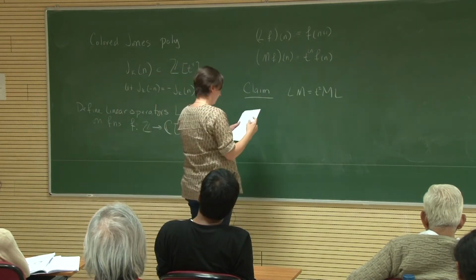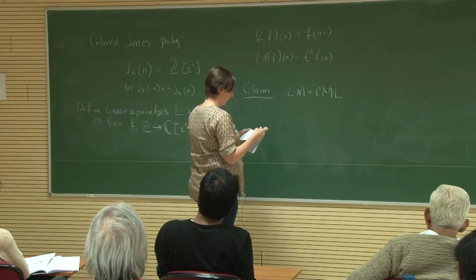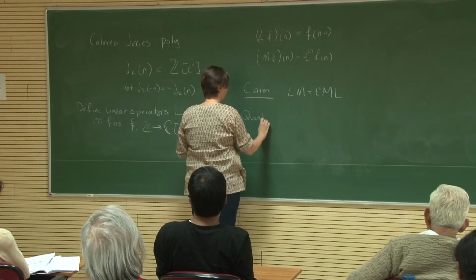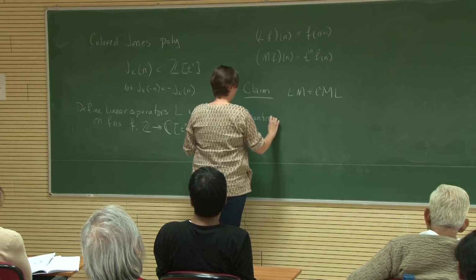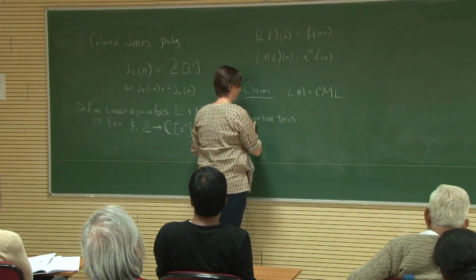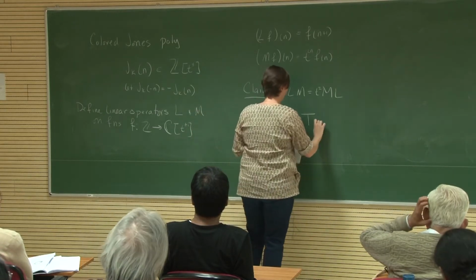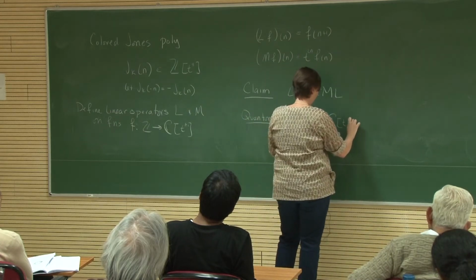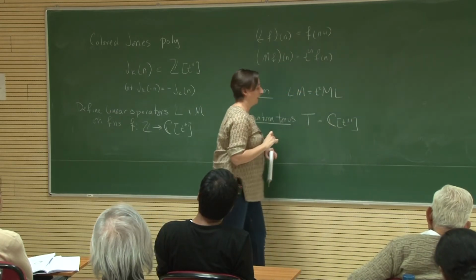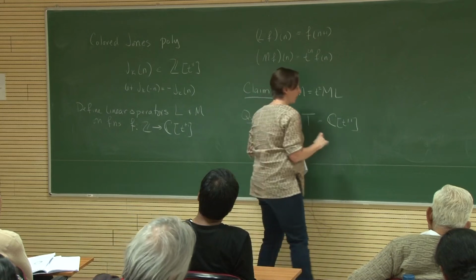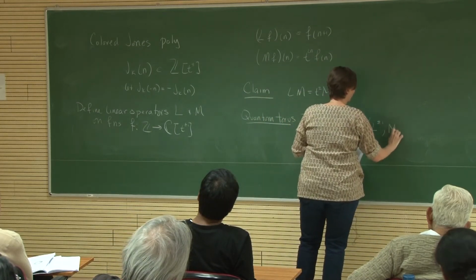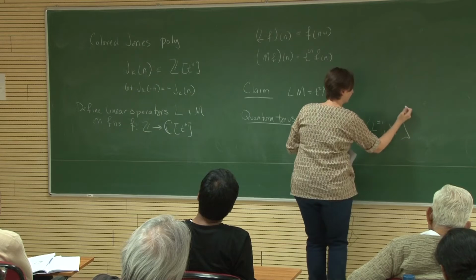Okay, so this gives us the quantum torus. Also, the first time I've ever said quantum. Okay, so I'm going to take C with t plus or minus 1, and I'm going to adjoin L plus or minus 1, M plus or minus 1.